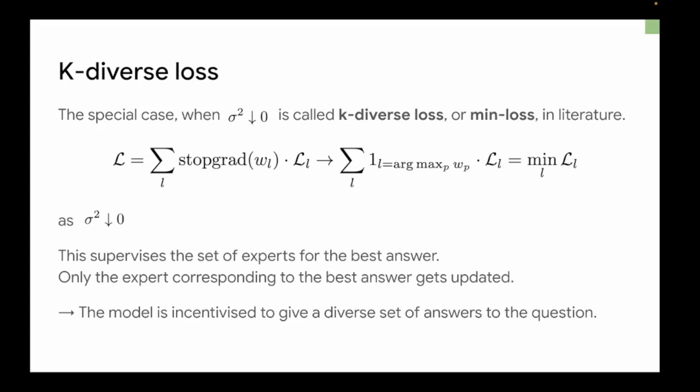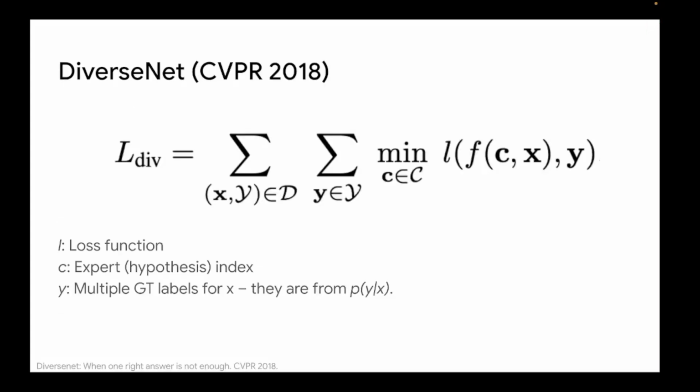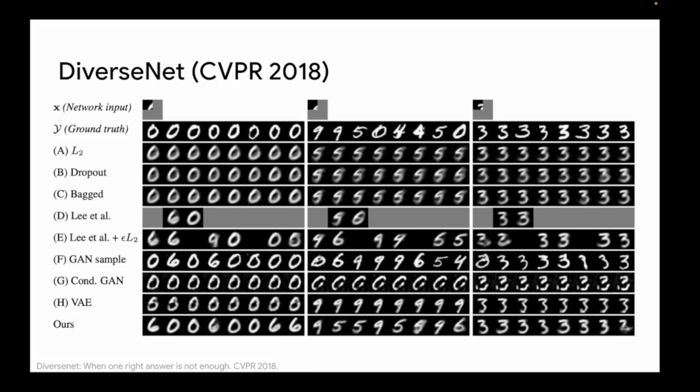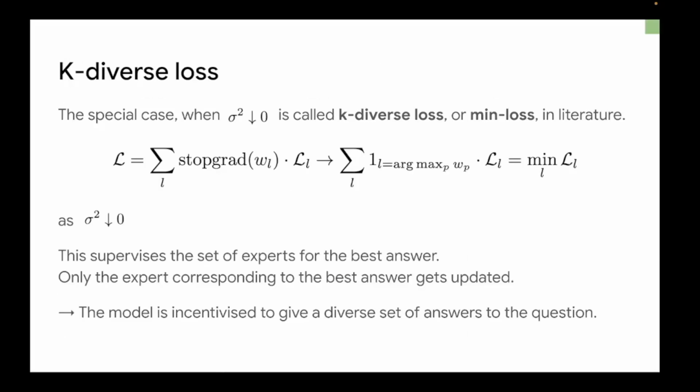So you can think of this as, for example, like MNIST prediction. Let's say this is an MNIST classification task and there are 10 experts. Then what the model will learn is to predict 0, 1, 2, 3, 4, 5, up to 9 with each expert. And that's going to give you 0 loss for every case. So it's kind of a very extreme case where there's potentially no training at all depending on how many experts there are.